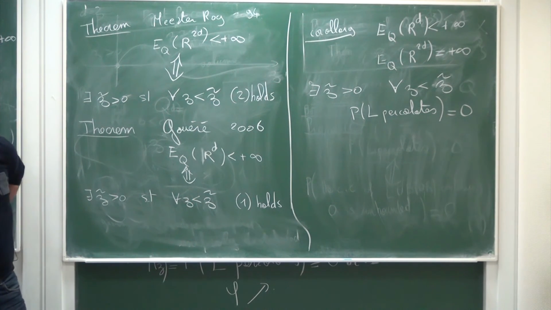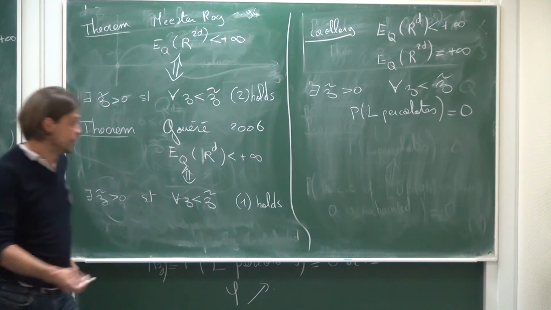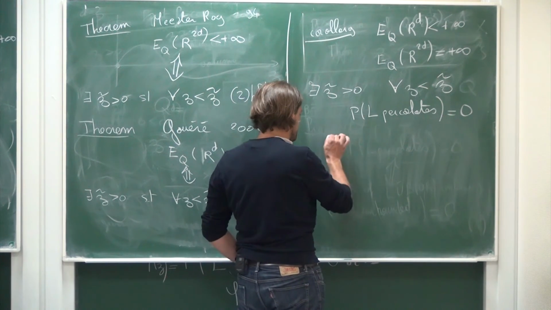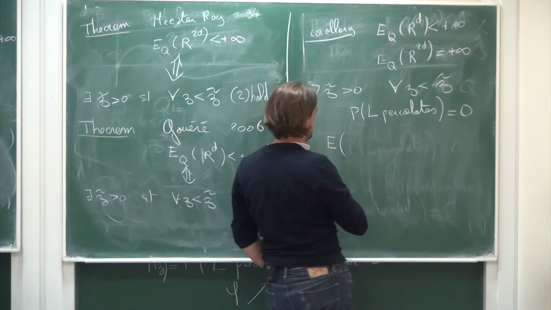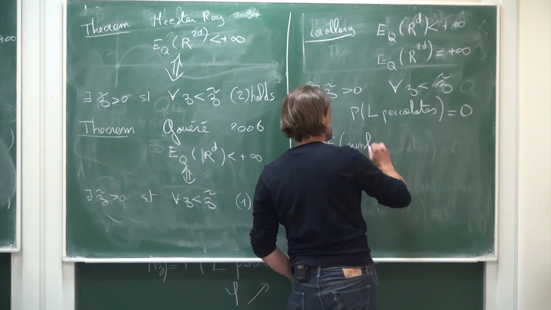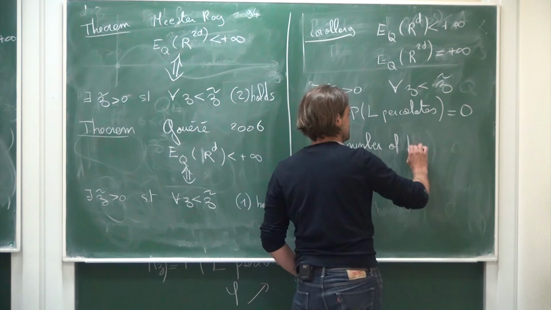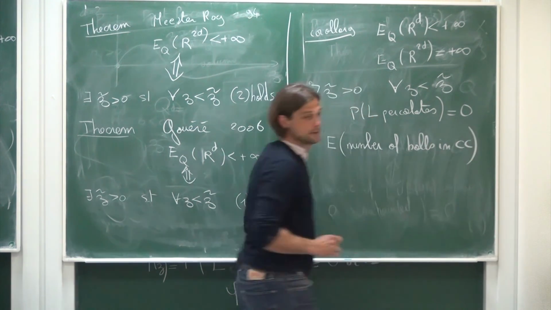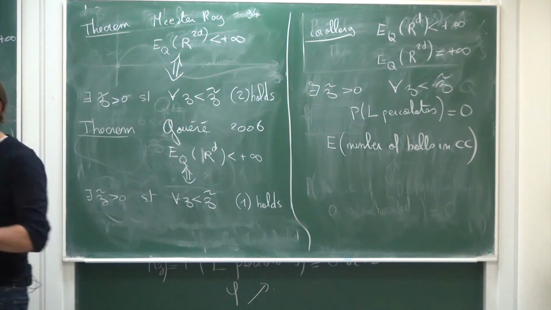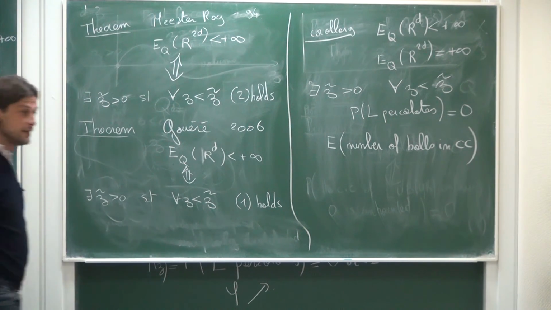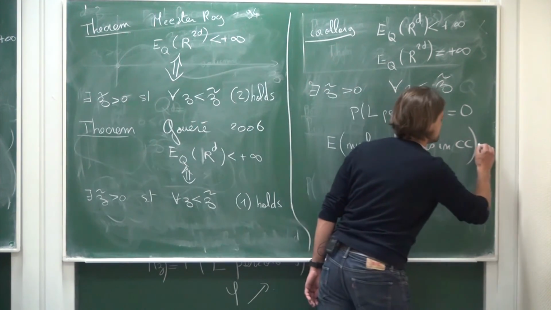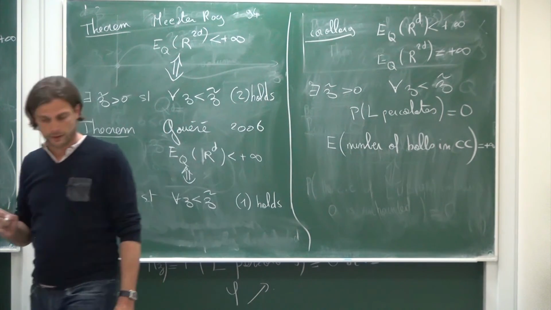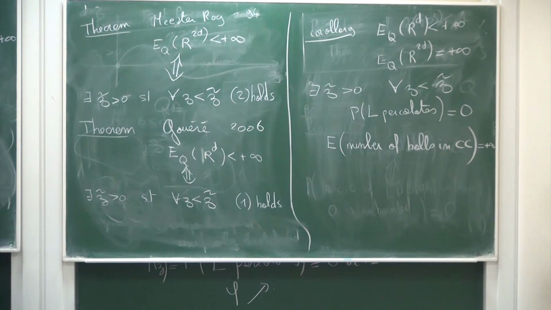So the percolation does not occur for Z small enough, but, so I have to write it quickly, the expectation of number of balls in each connected component is equal to infinity. So it's quite a surprising result.